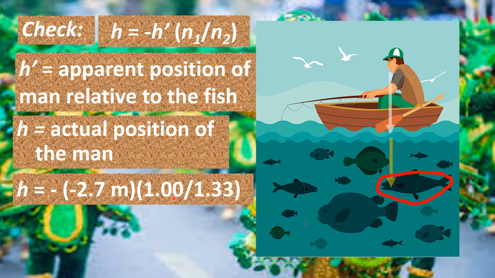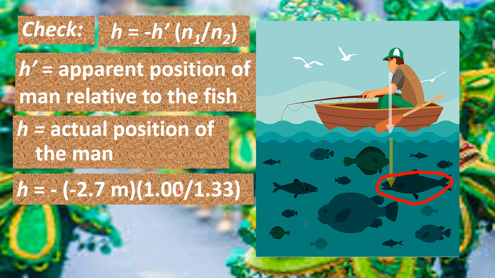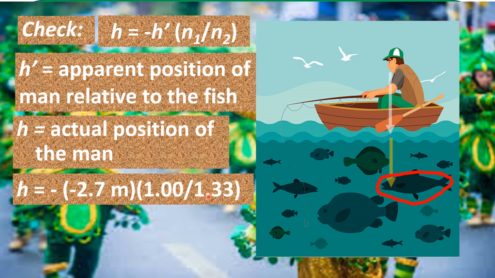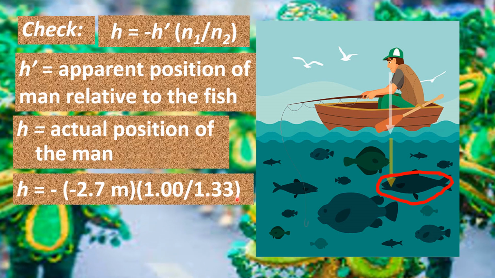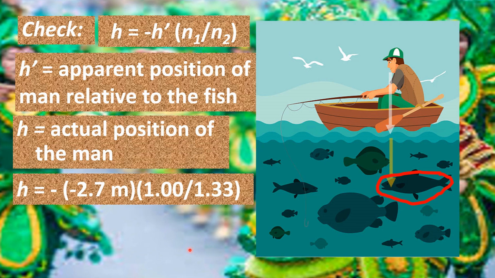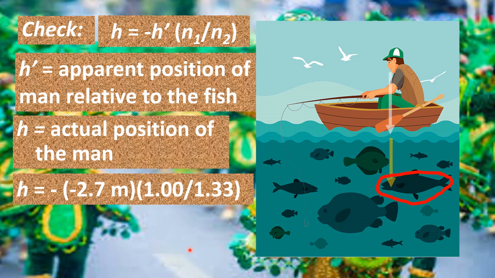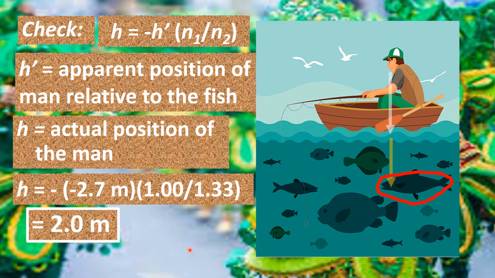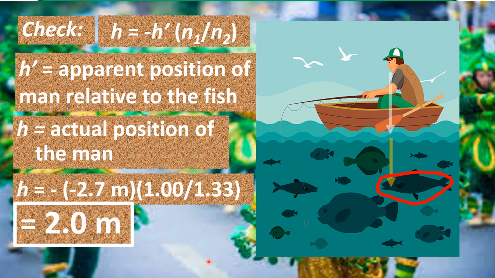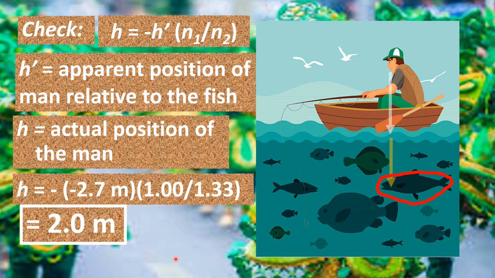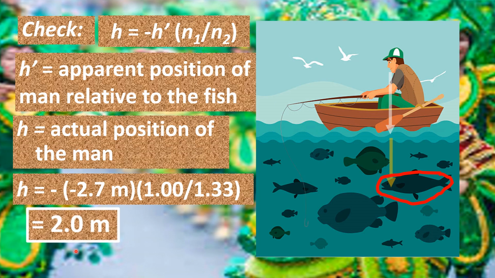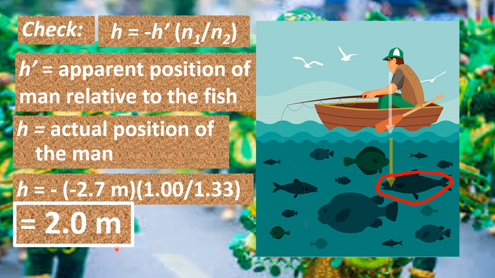That is to be multiplied by n1, or 1.00, divided by n2, or 1.33. So doing our math again, we will get the value for h, or the actual position of the man, equal to 2.0 meter.